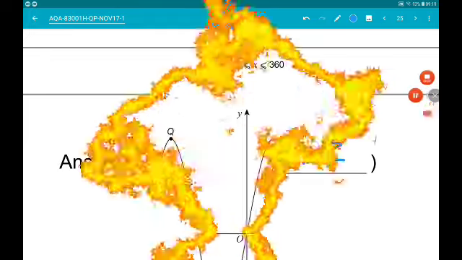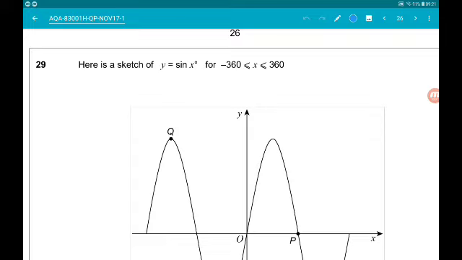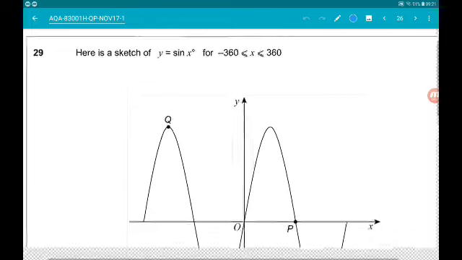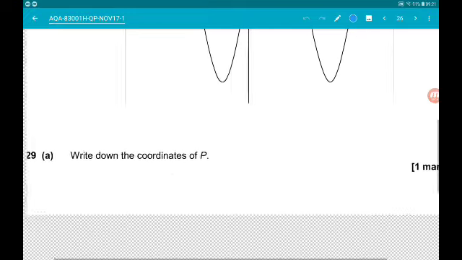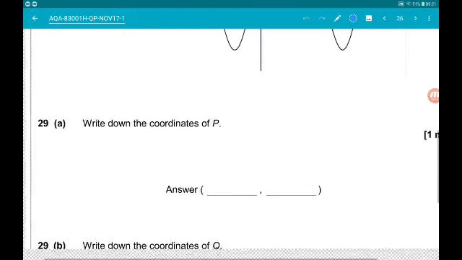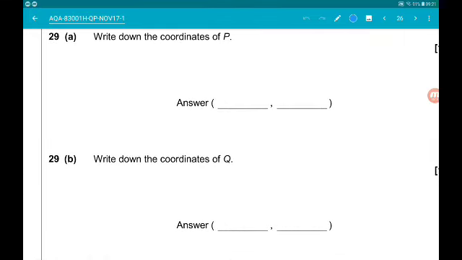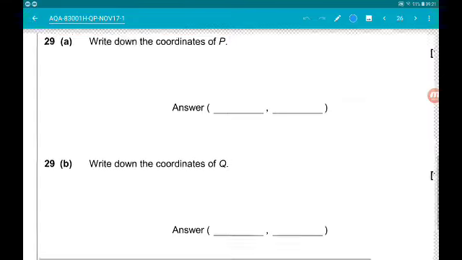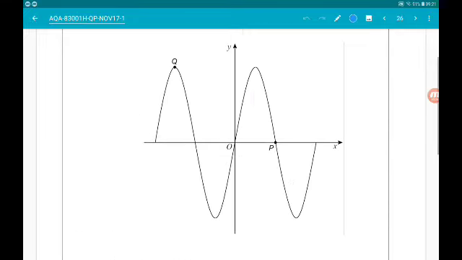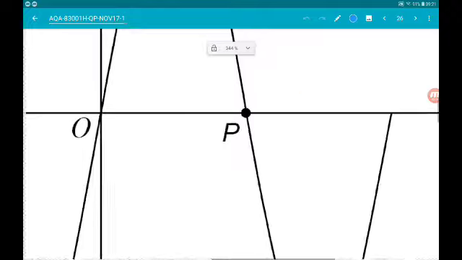Cool. Okay, in question 29 we got a sketch of y equals sine of x for x between minus 360 and positive 360. Part A wants us to find the coordinates of point P, and B wants us to find the coordinates of Q. So, P is this point here.